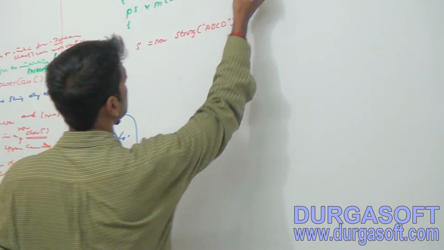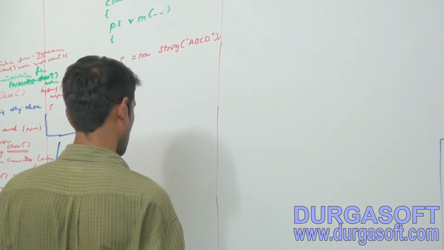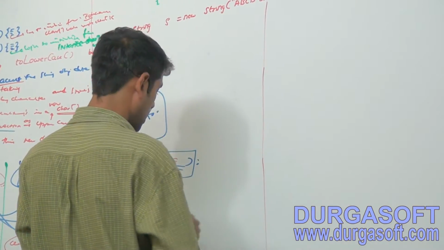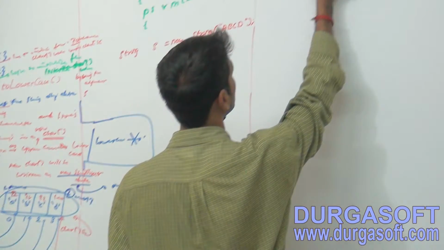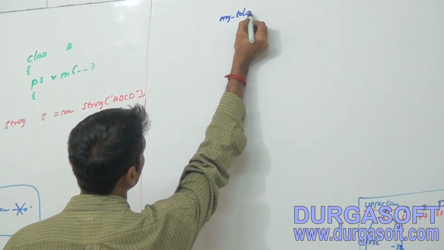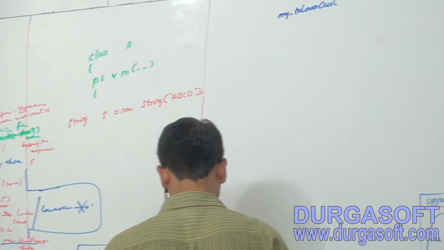Now, to develop, write the user defined method, that is our own method. Let the method name be myToLowerCase.